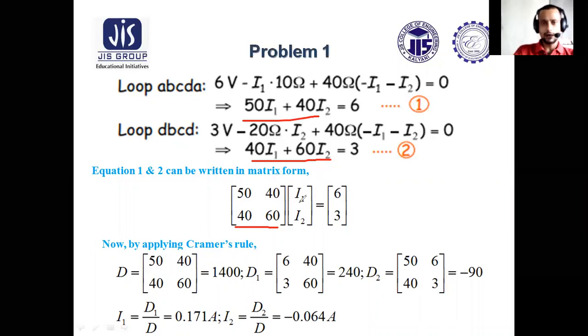Now I1, I2 equals, on the right side, 6 and 3. If we do the matrix multiplication, what would this be? 50 I1 plus 40 I2 in the first equation equals 6. In the second equation, 40 I1 plus 60 I2 equals 3. Okay. So this is how you can get the solution.